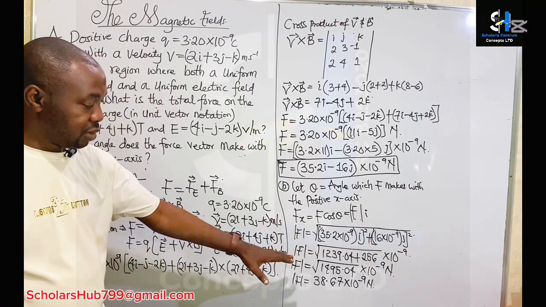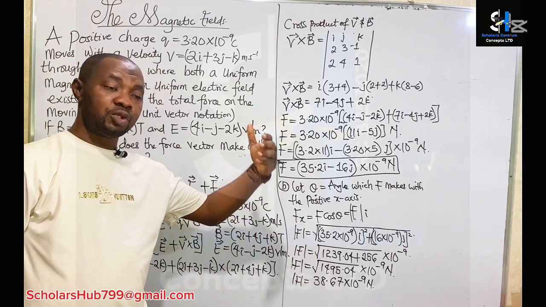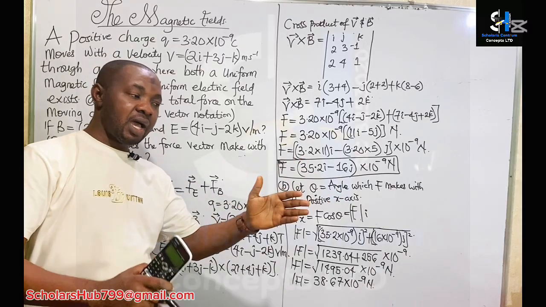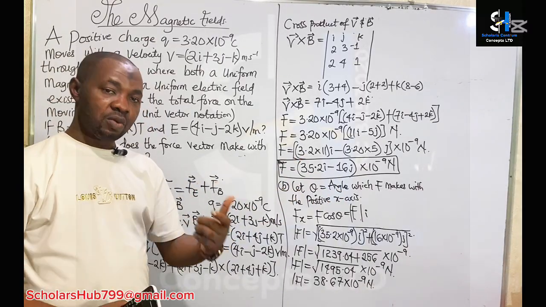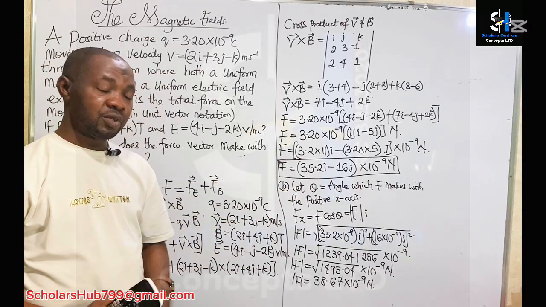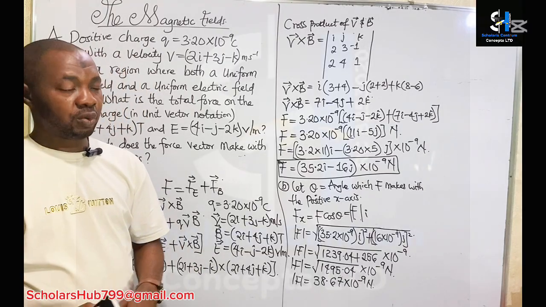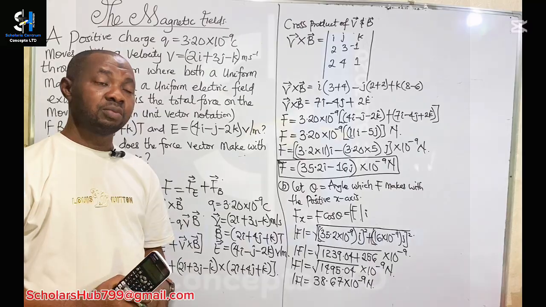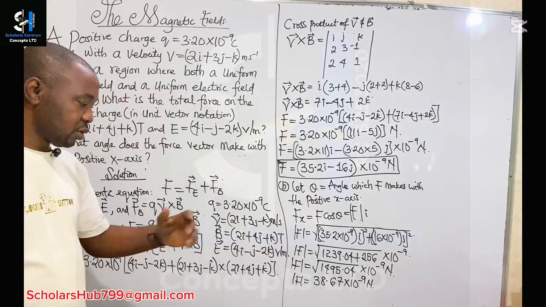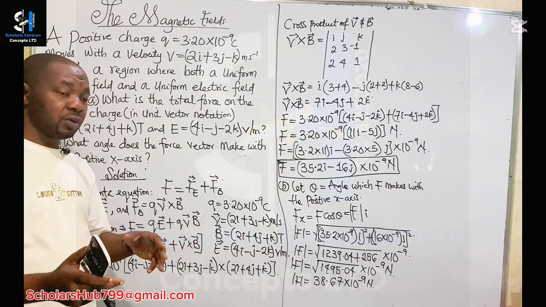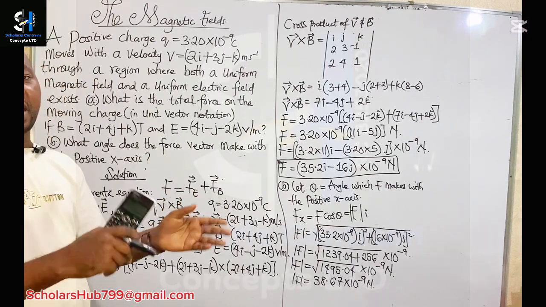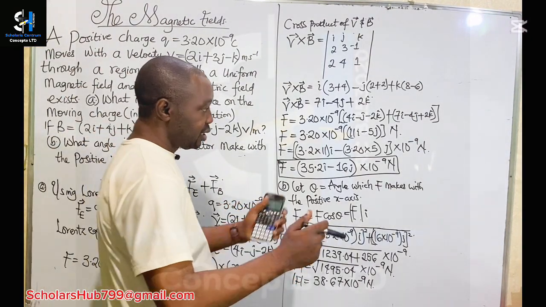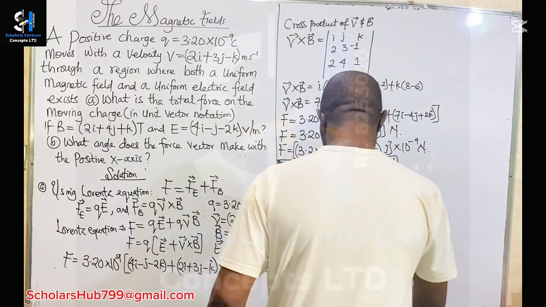To get rid of the ijk, remember the dot product: i dot i will be 1, j dot j will be 1, k dot k will be 1 as well, unlike when we are doing the cross product, where the cross product of i and i will be 0, and j and j will be 0. All right, so let's continue from here.